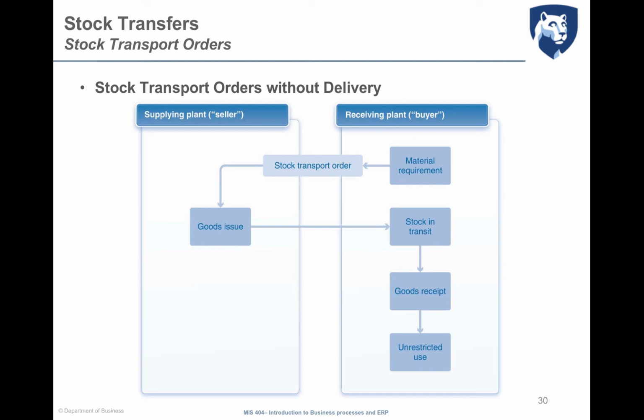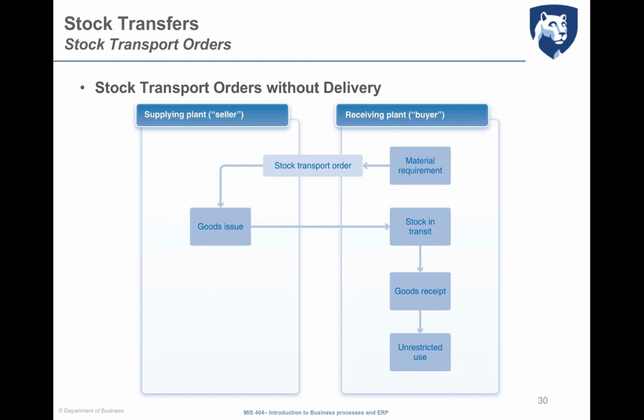So at this point, the quantity in unrestricted use is reduced at the sending plant, and the stock in transit is increased at the receiving plant. And so a material document with two line items is created to record this movement. So according to this, inventory is decreased on one part, and stock in transit is posted on the receiving plant.